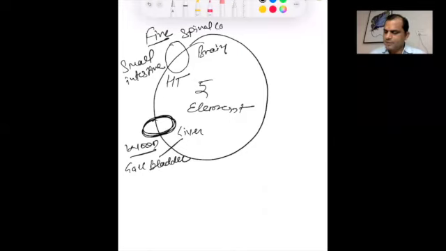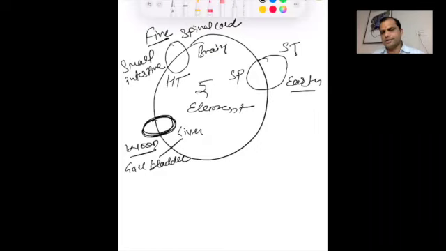These all come in the fire element. Now, if we come to the earth element, connected with digestion, the digestive parts like spleen and stomach come in the earth element.